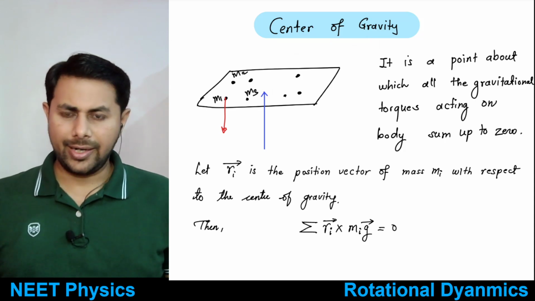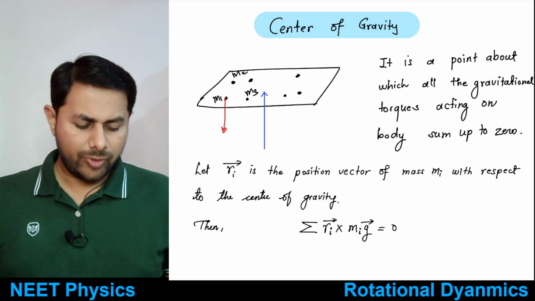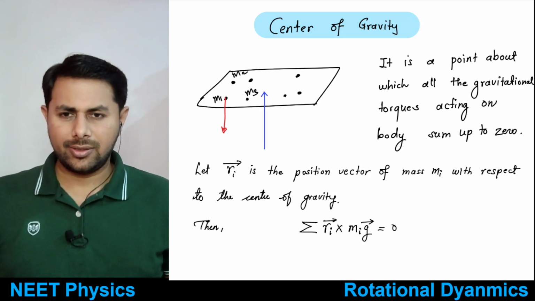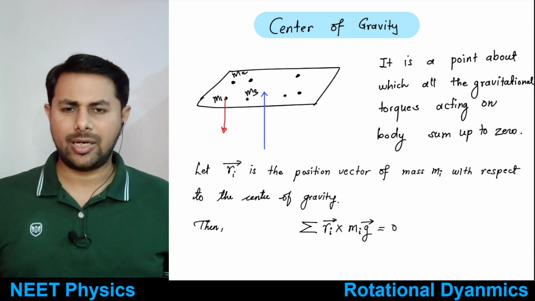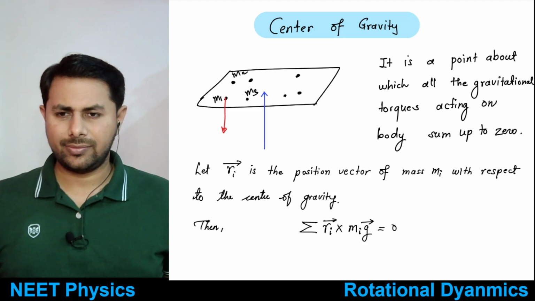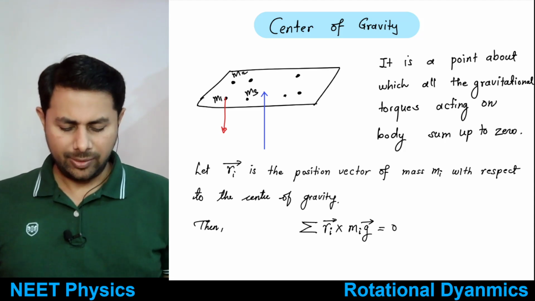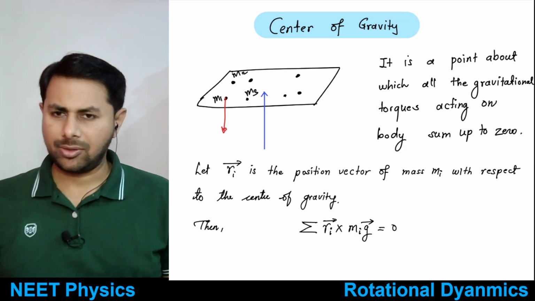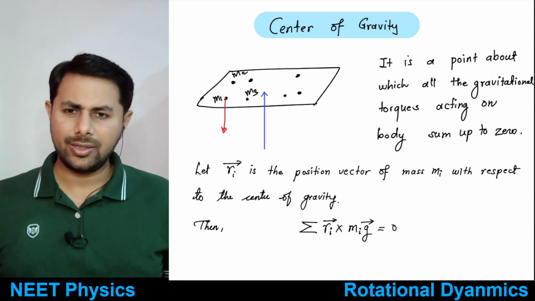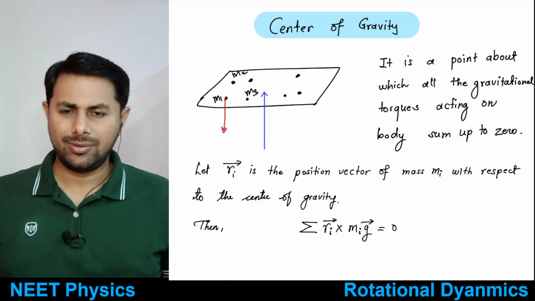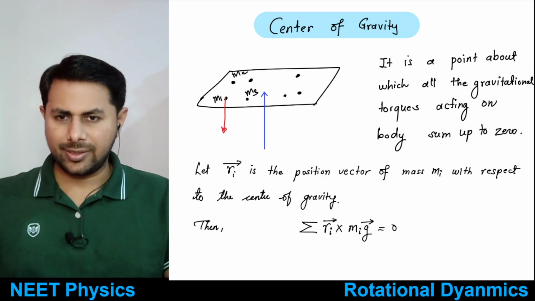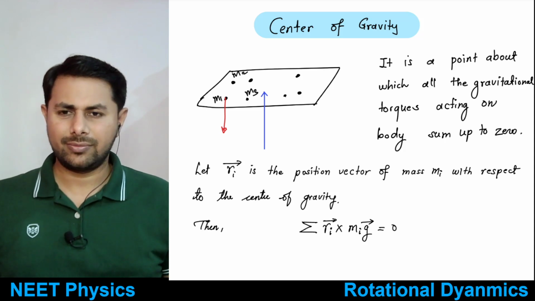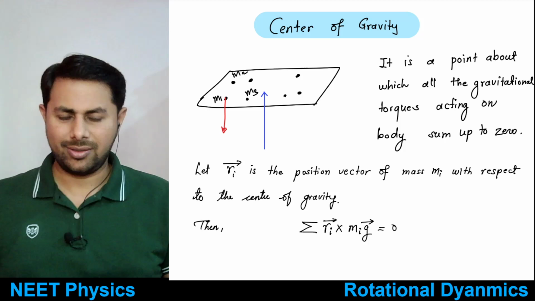For symmetric bodies, for regular shaped bodies, the center of mass and center of gravity would be the same, because here also we want the distribution of weights to be equal, to be symmetric.